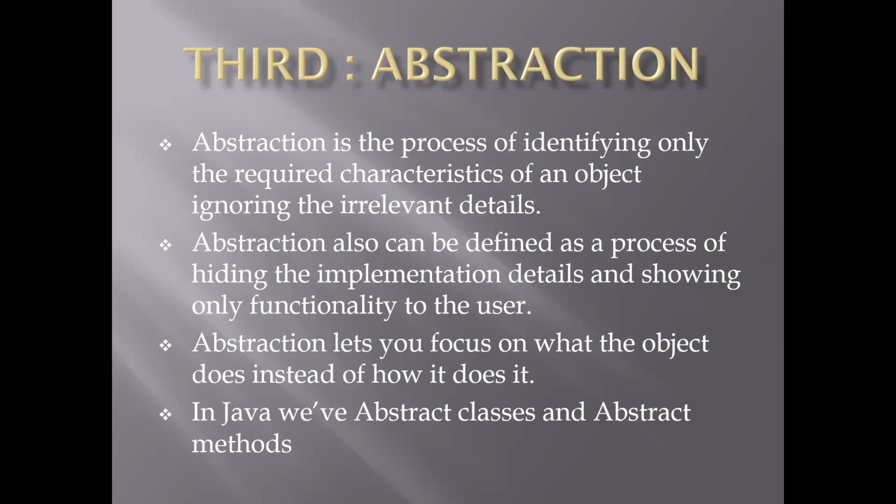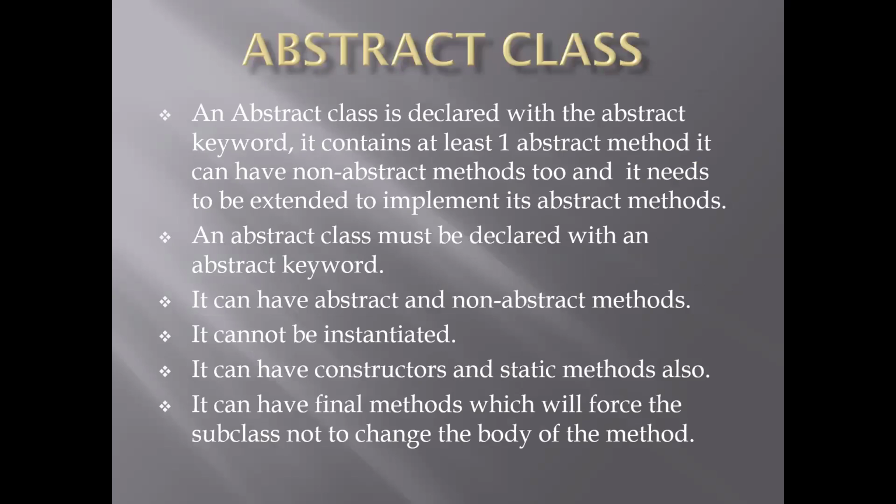So what is an abstract class in Java? An abstract class is declared with the abstract keyword, and it cannot be instantiated. That's very important. Do you understand what it means that we cannot instantiate an abstract class?